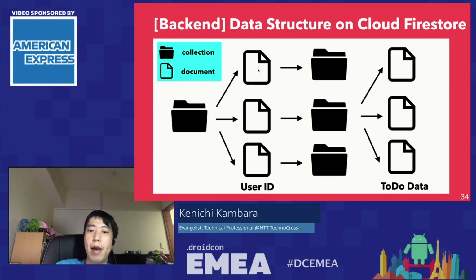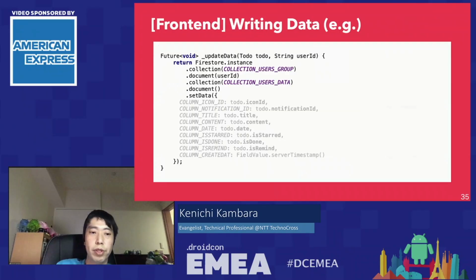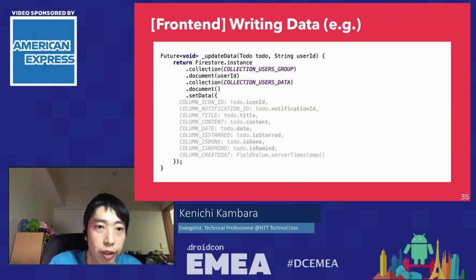So I put one collection as a glue between the user ID document and the to-do data document. Please remember the data structure: collection, document, collection, document. Please keep this data structure in your mind. Okay, let's move on to a code sample.